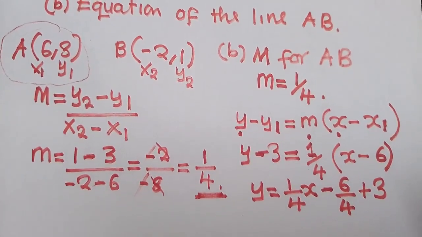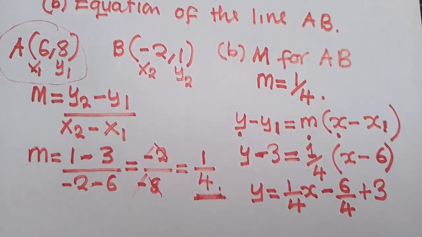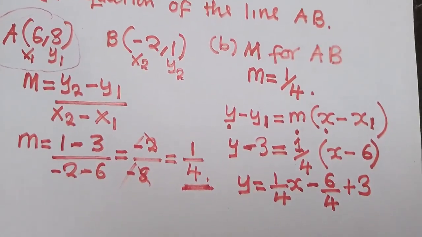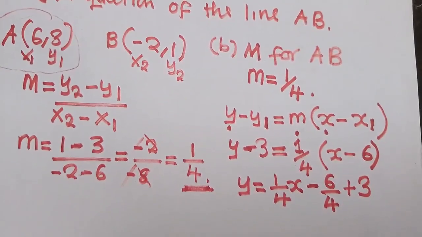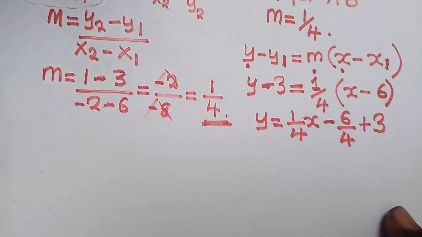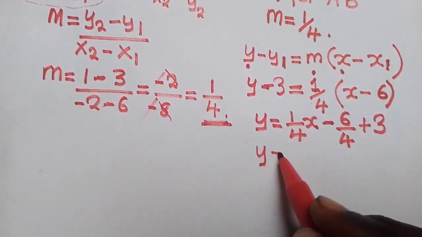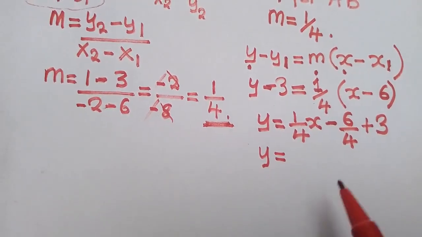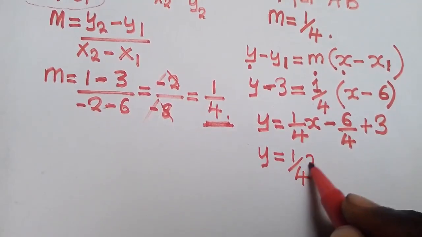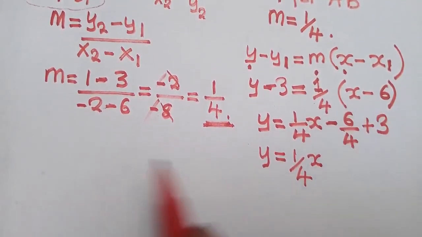From here, what are some of the things that you are going to do? We say y is equal to 1 over 4 x. Then this part which is here, you bring it here.